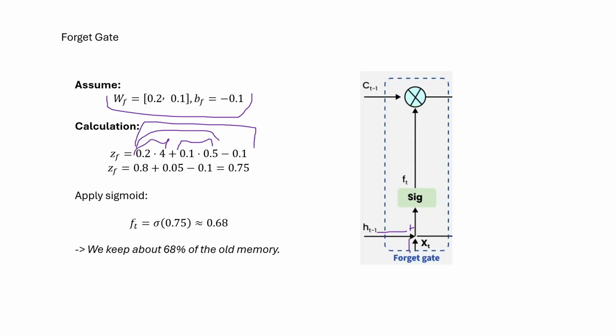And finally, we add the bias. We get this value. And then once we do the sigmoid function, we get the value of 0.68. So we can say that we keep about 68% of the old memory. So this 68% would be here visually.